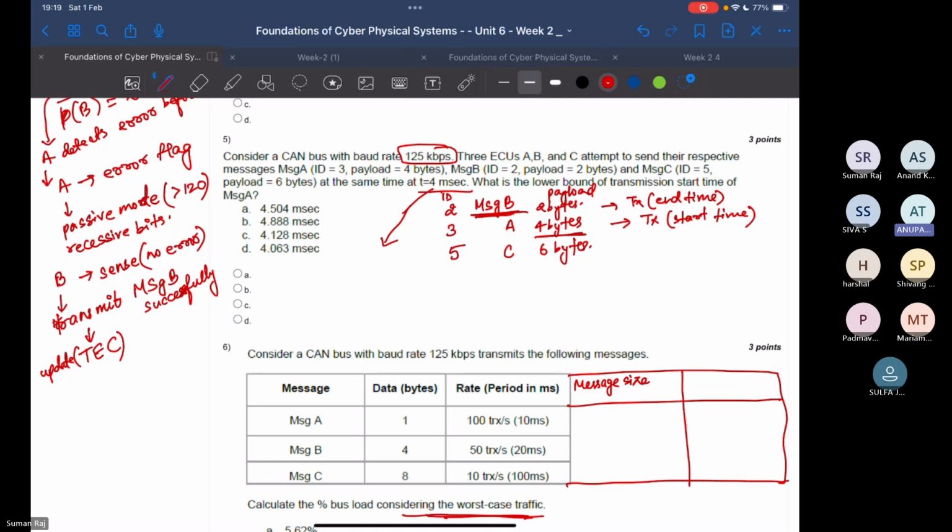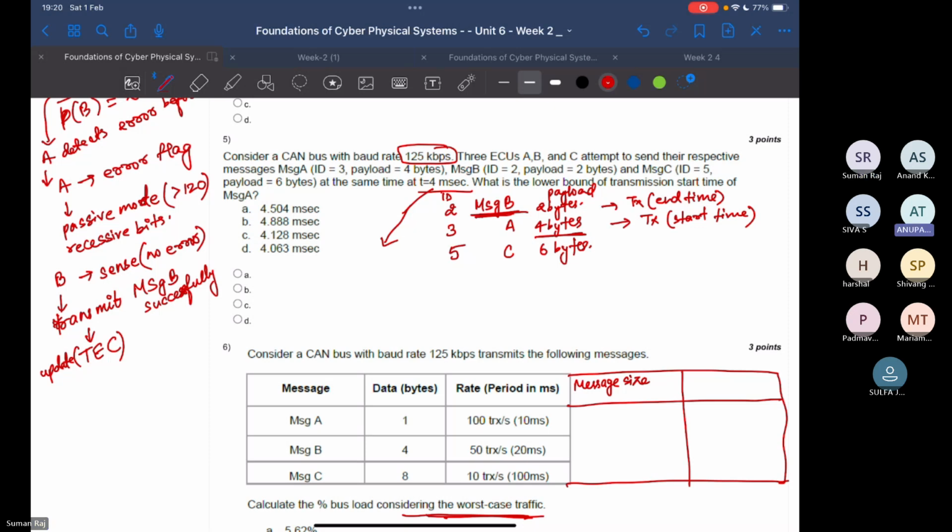Now in this question, we have message A is 10 millisecond, message B is 20 millisecond, message C is 100 millisecond. Right. We have all the three messages with same 4 millisecond. What you want to say? So every time you send a message only after those 4 milliseconds.